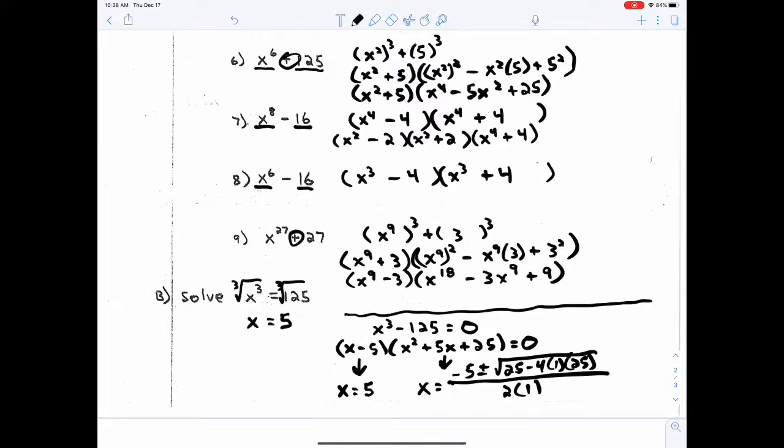Now, what would this part in the radical give us? I'm not going to finish this problem off. I'm just saying this is how we'll do it later. But notice the thing under the radical gives you a negative, because it would be 25 minus 100, which is negative 75. That's going to lead us to an imaginary number, which is okay.